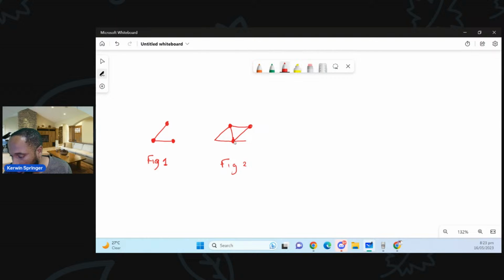I don't like that. That is figure 2 here. It's feeling a little better. And figure 3.